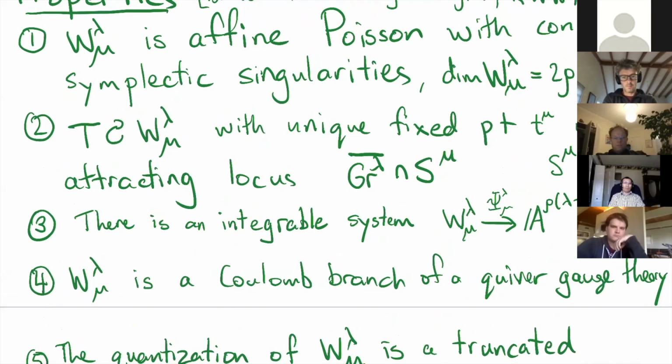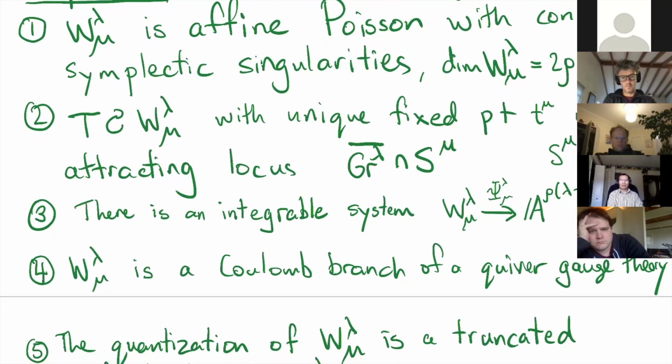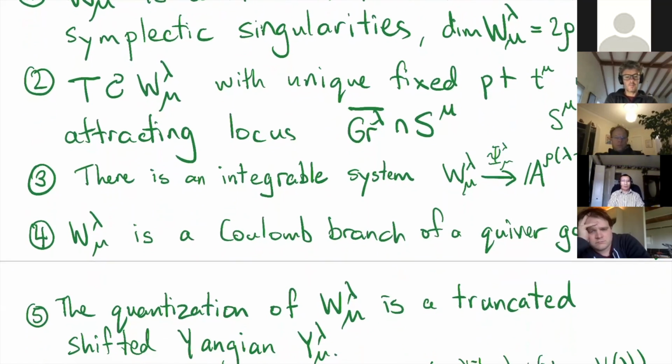So a family of algebras whose associated graded is isomorphic to the coordinate ring of our original variety. So an algebra whose associated graded is isomorphic to the coordinate ring of W lambda mu as a Poisson algebra. So the existence of this quantization is given by this general theorem that I just mentioned of Bezrukavnikov, Kaledin, and Losev.